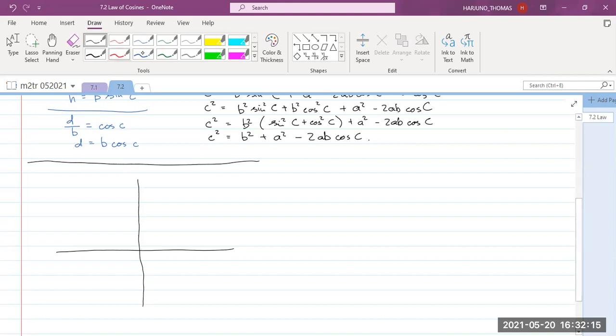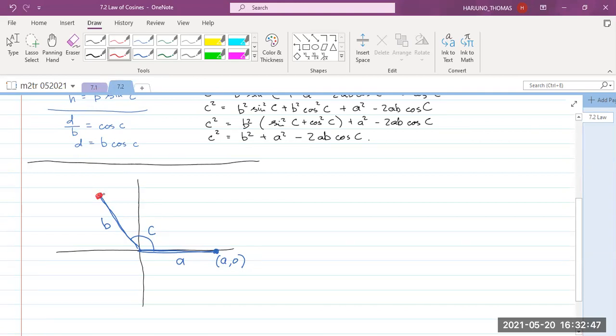Suppose I have the side here, side A. So the coordinate here will be (A, 0). And suppose I have side B here, and the angle here is angle C. Now, what I will do is find the coordinate here.